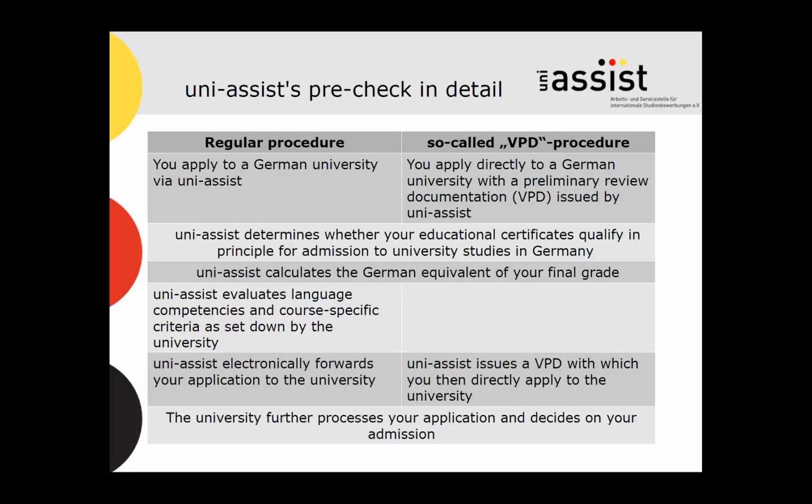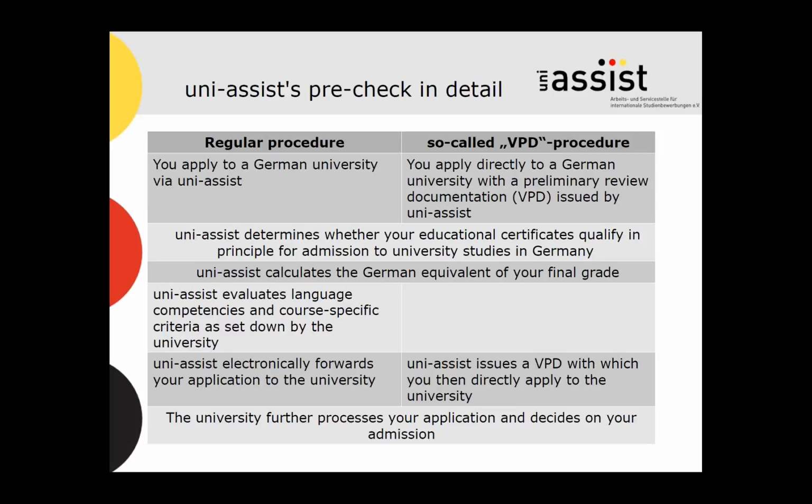In the regular procedure, you apply to a German university via Uni-assist, whereas in the VPD procedure, you apply directly to a German university with a preliminary review documentation issued by Uni-assist. In both procedures, we determine whether your educational certificates qualify in principle for admission to university studies in Germany.